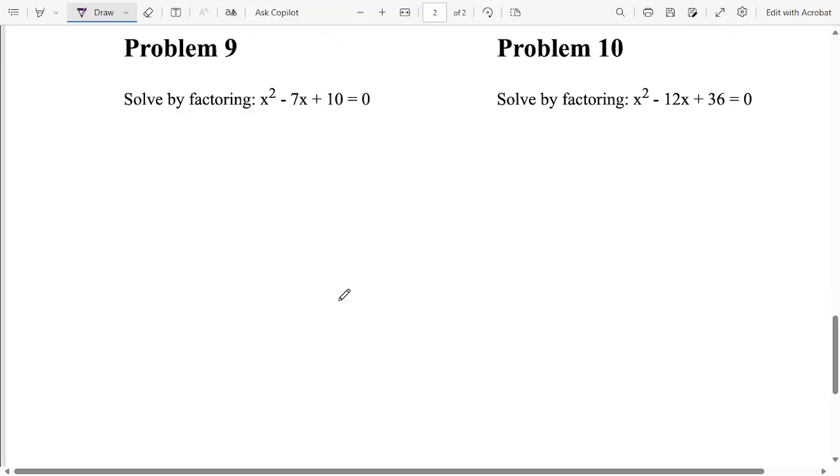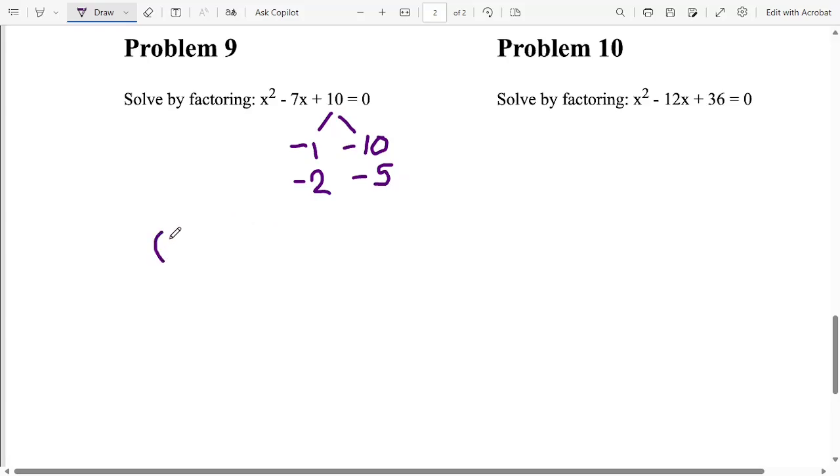All right, let's go down to the last couple problems. So next one we're going to solve by factoring x squared minus 7x plus 10. So we want just negative factors because they have to multiply to a positive number but add to a negative. So we could either do negative 1 times negative 10, but that doesn't add to negative 7, or negative 2 times negative 5, which multiplies to positive 10 and adds to negative 7.